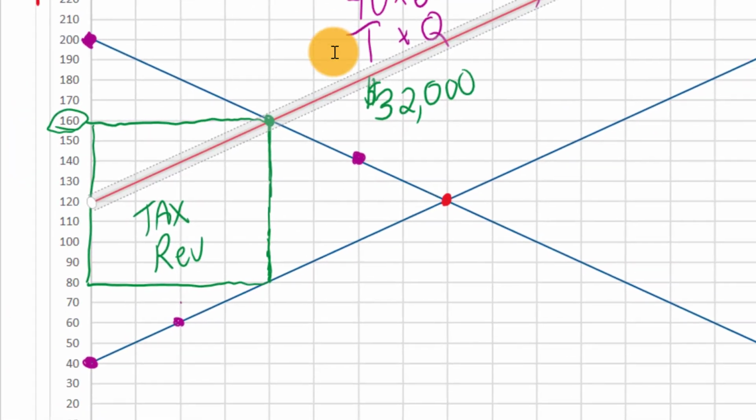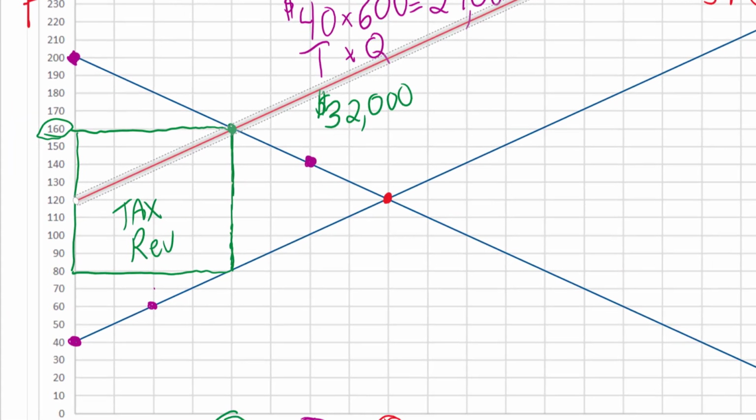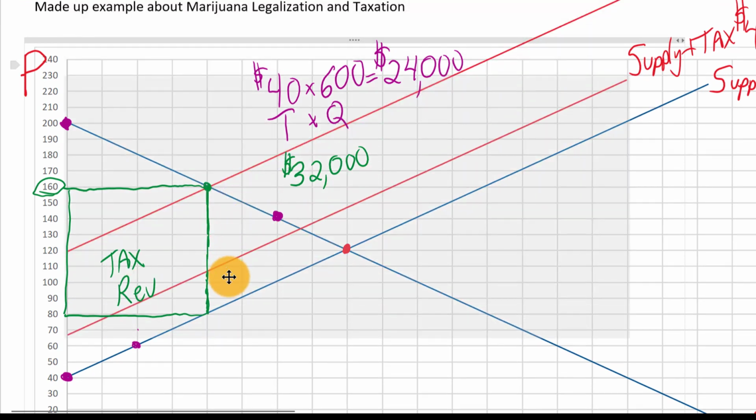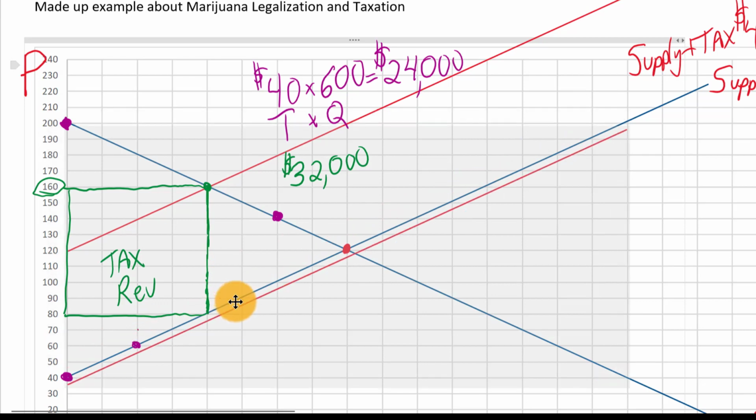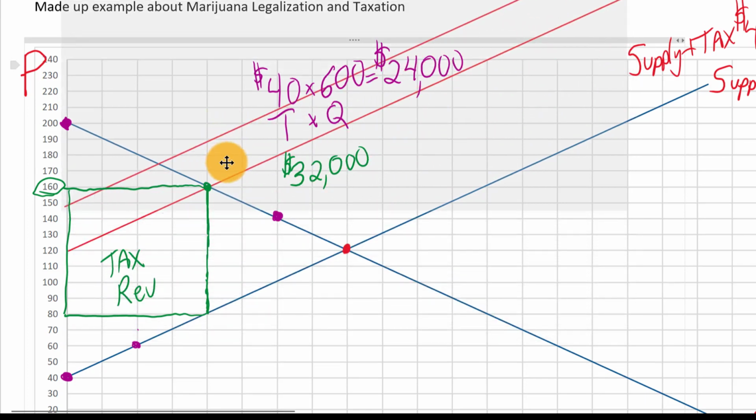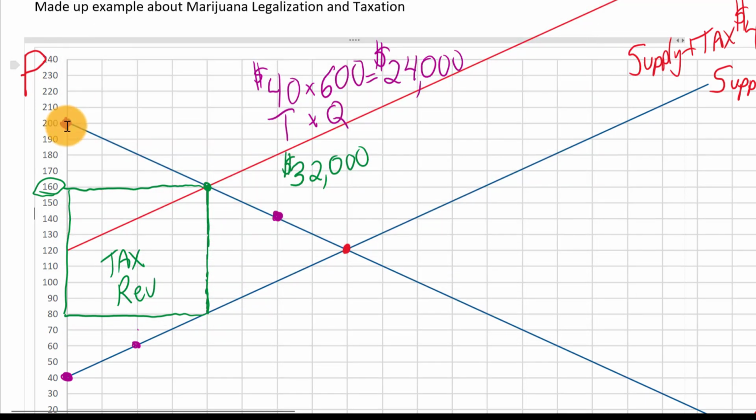Once you add the tax, what you're doing is you are moving this supply curve that has the tax involved halfway, right? You're starting down here at a y-intercept of 40, and what you're trying to do is move it exactly halfway between the y-intercept for the demand and the y-intercept for the supply.